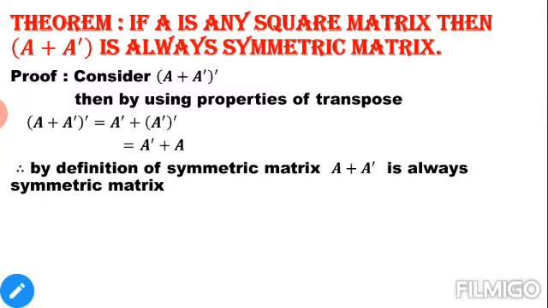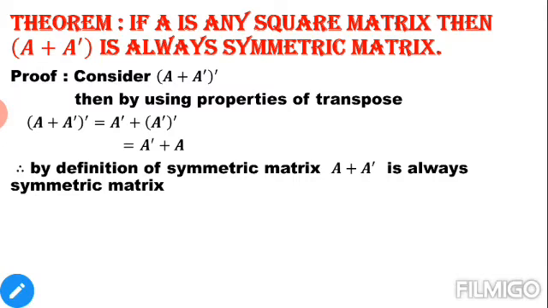Now, the next one is a theorem based on the concept of transpose and symmetric matrix. If A is any square matrix, whatever kind of square matrix it is, then A plus A transpose is always a symmetric matrix. It is a very small theorem for 2 marks.